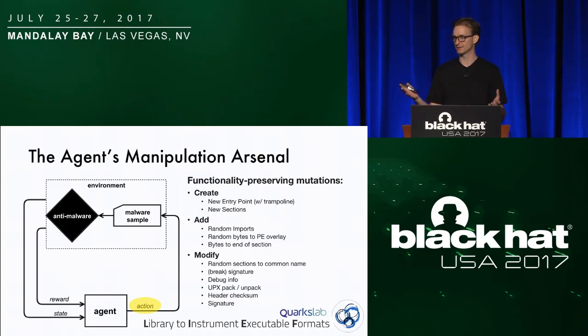That's selected at random from a library of imports known to exist in benign binaries. You can think about this in Atari as like move right, and it will move right, but the agent has no idea how far, how fast it's moving right. And so that complicates the learning process a little bit.